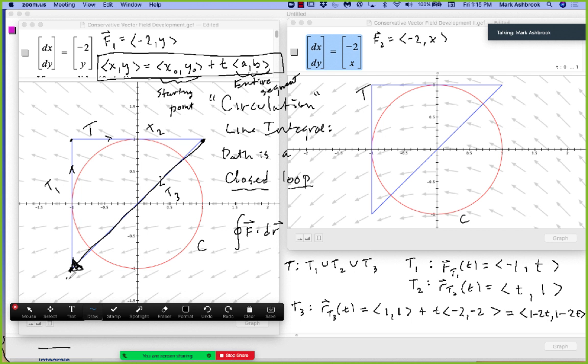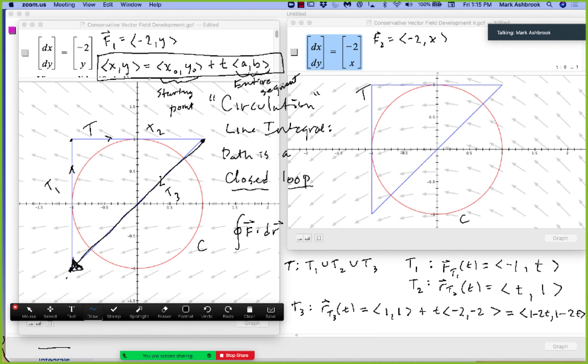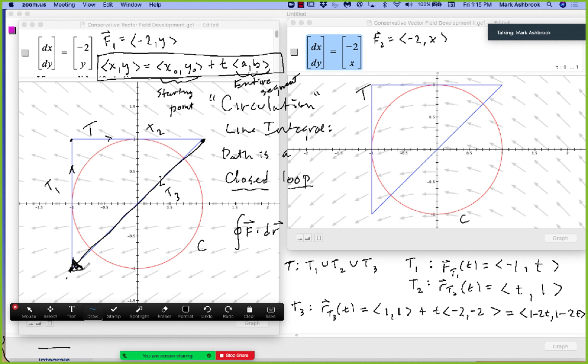It's our final point. So if you ever parameterize a segment this way, then your integral will always be from 0 to 1. You never have to figure out what the t values are. It'll always be from 0 to 1. Okay, so we got the T path all parameterized: -1, t, and then t, 1, and then 1 minus 2t, 1 minus 2t.